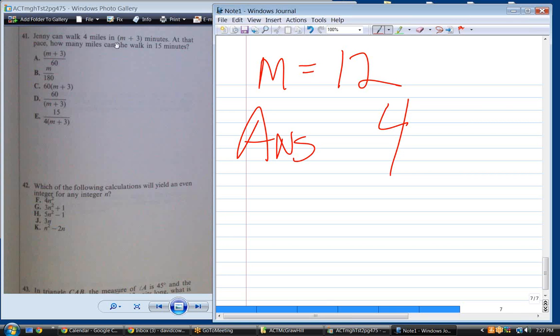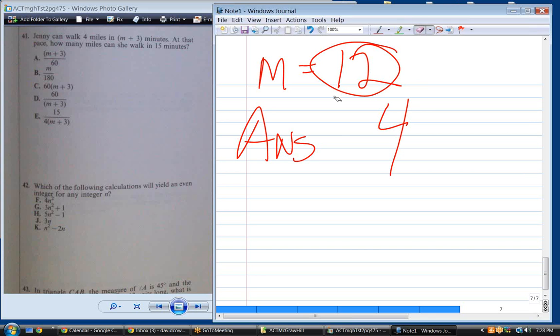At that pace, how many miles can she walk in 15 minutes? Well, it's got to be 4. So now, using m of 12, which of these answers gives us 4? Not A, not B, not C. D. D does. The question is, does anything else? No, only D. So D is the right answer.